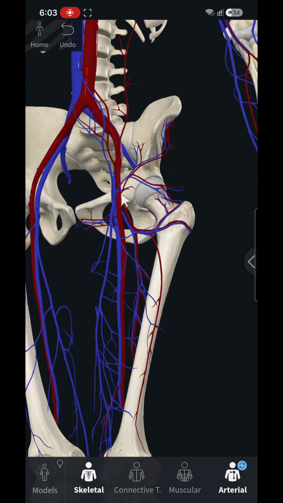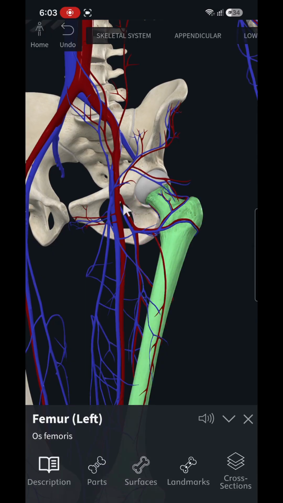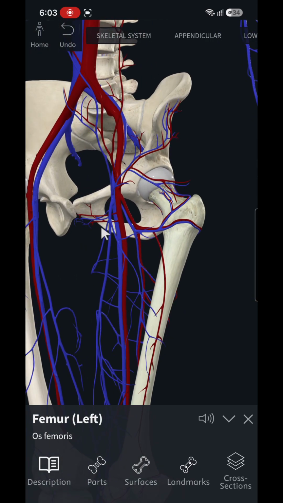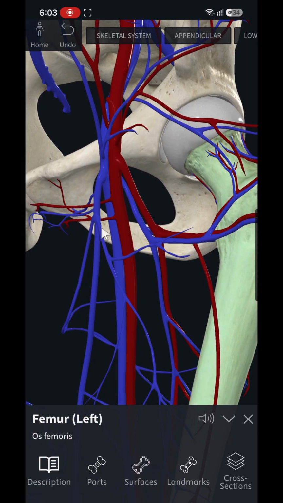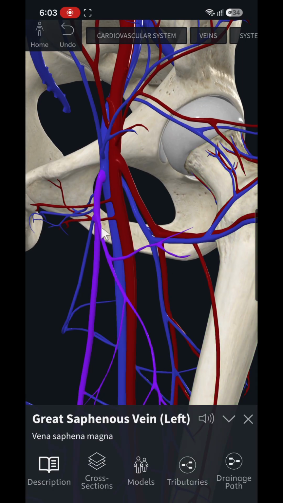But the main one, just like the main branch of the femoral artery was the deep femoral artery, or the profunda femoris. The femoral vein right here, the biggest tributary is the great saphenous, but the one corresponding to the deep femoral artery is the deep femoral vein.